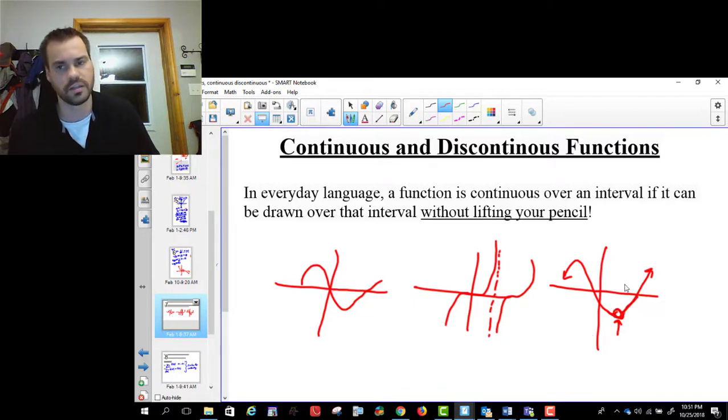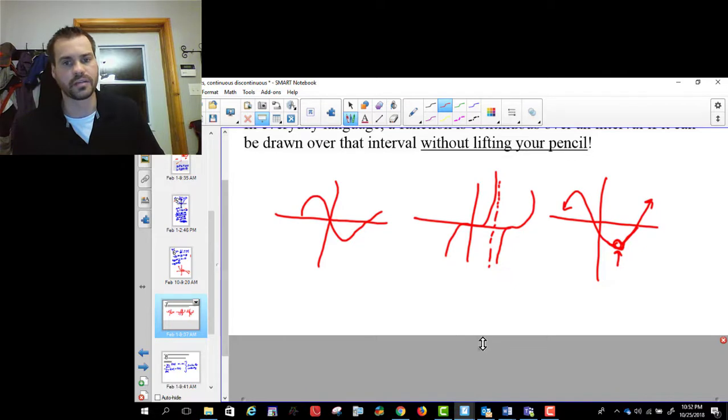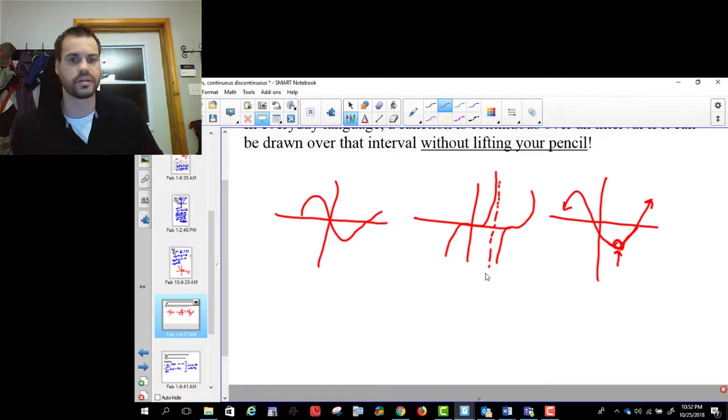But the idea is that if you were just drawing and then you skipped a point, instead of drawing it like an open circle, you'd have to lift your pencil and come back. So that is another point of discontinuity. So there's an asymptote, that's one type. There is a point of discontinuity.